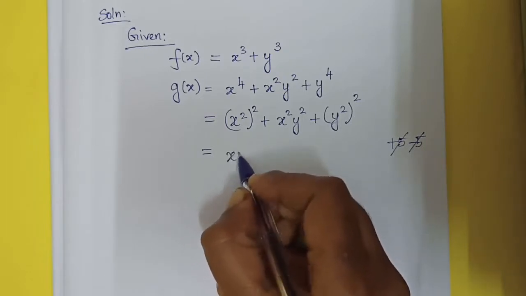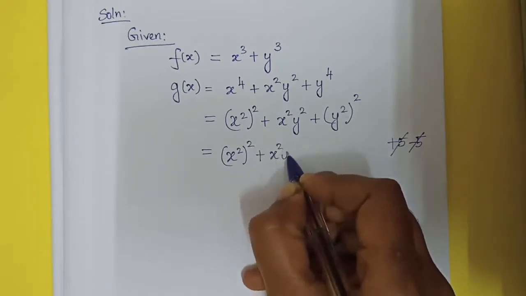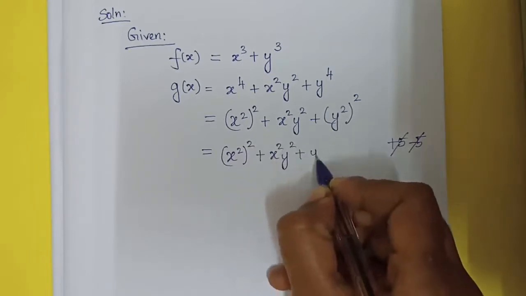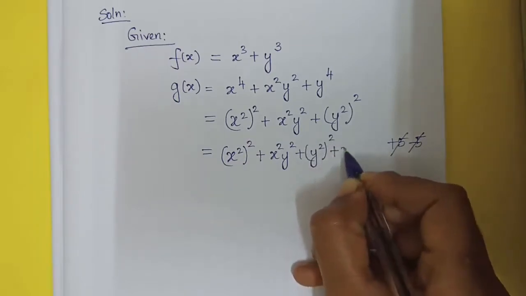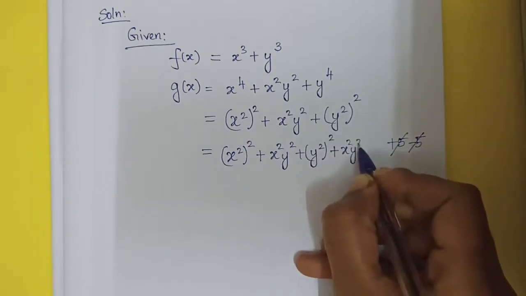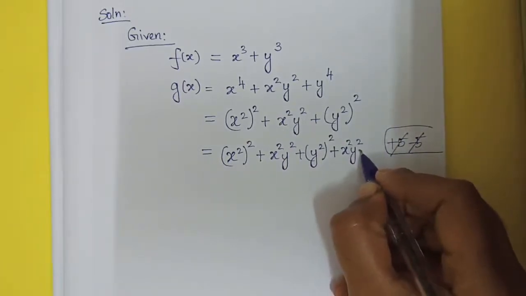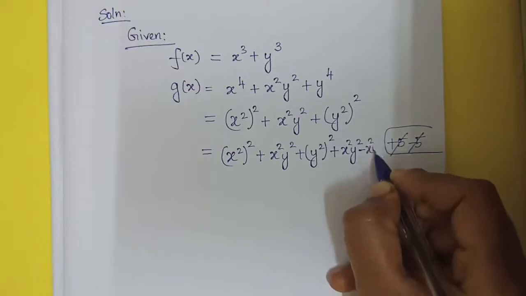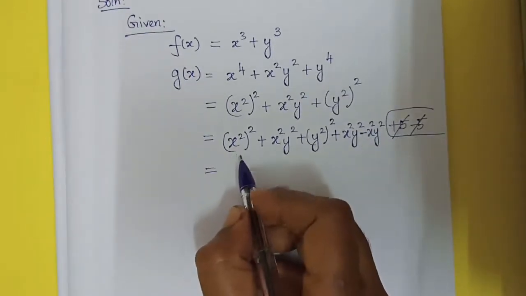Listen. x square the whole square plus x square y square plus y square the whole square. I need one x square y square, so I am adding it. I need to subtract that also, so minus x square y square. Now the value is not changing.